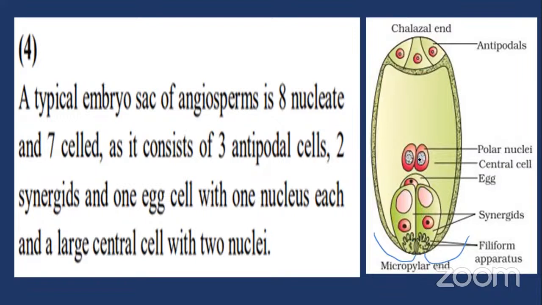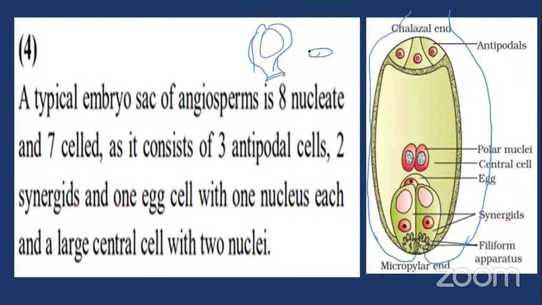And in the center there are 2 polar nuclei. On the opposite side there are antipodal cells, mostly found in the chalazal region. When you are drawing the diagram, it looks like this. Sometimes it may be this way, sometimes like this. So there are many types according to the structure.